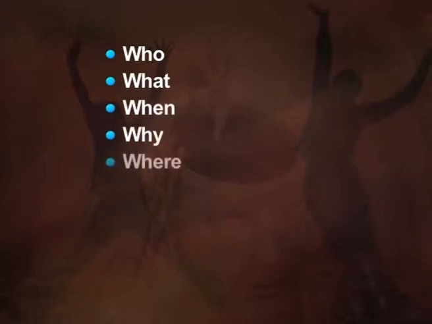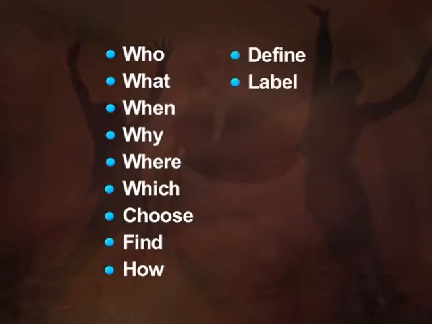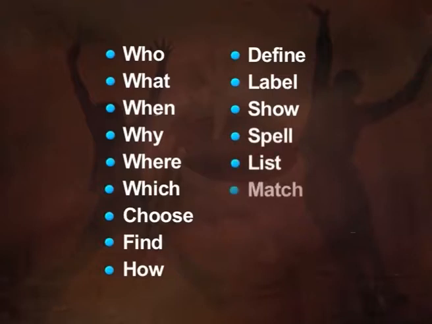If they are related to knowledge, then typically the questions are framed using the words who, what, when, why, where, which, choose, find, how, define, label, show, spell, list, match, name, relate and so on.